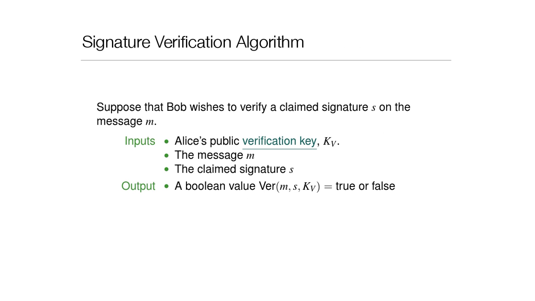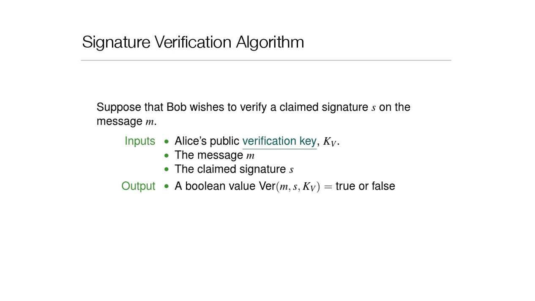So the output is a Boolean value. Verification takes the message or the document, the signature generated by Alice, and KV, that is the verification key.